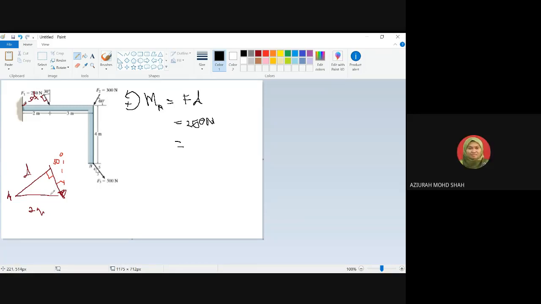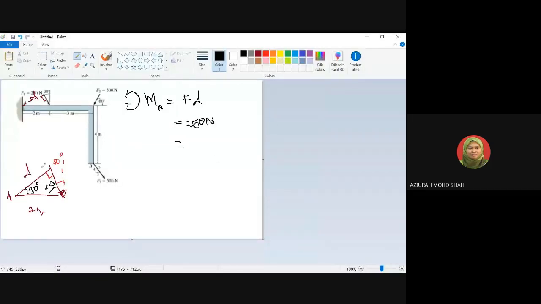Okay, if you say cos 60, it is wrong. Why? Because you know that from here to here is 30. Okay, this one is 60. So 60, 90, this will be 30. Oh, it feels like learning basic mathematics again.